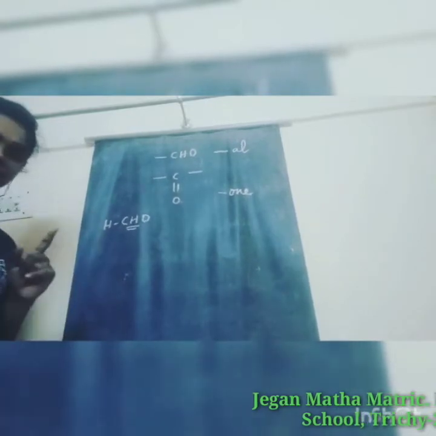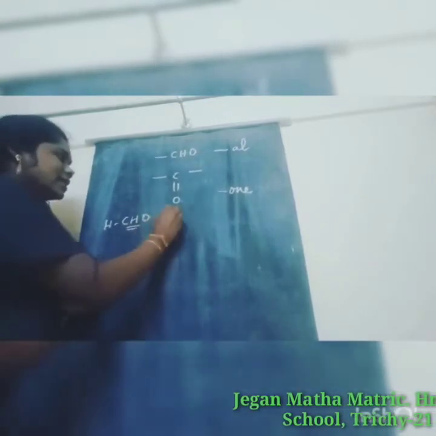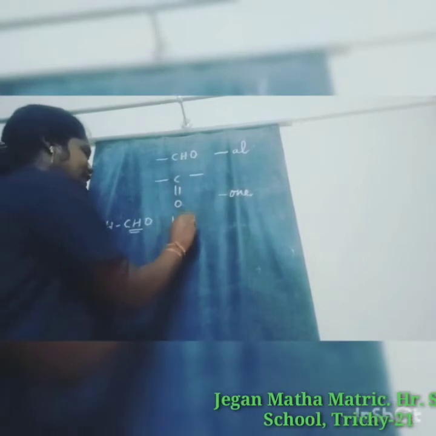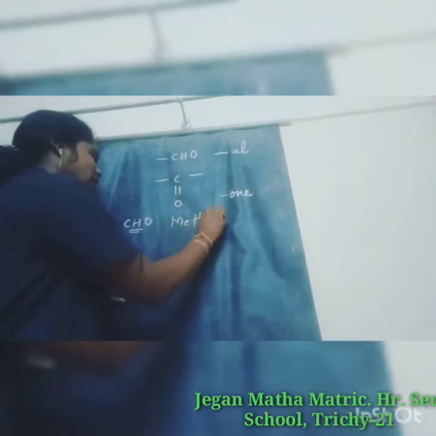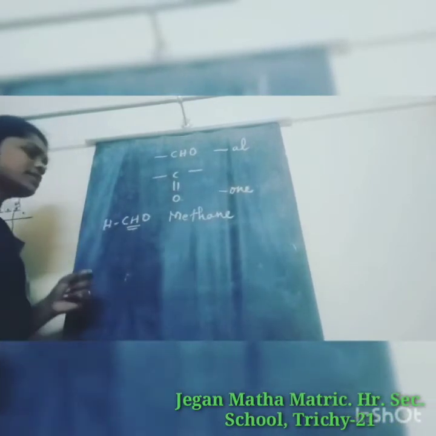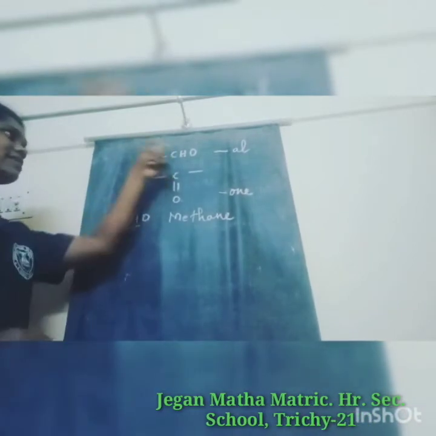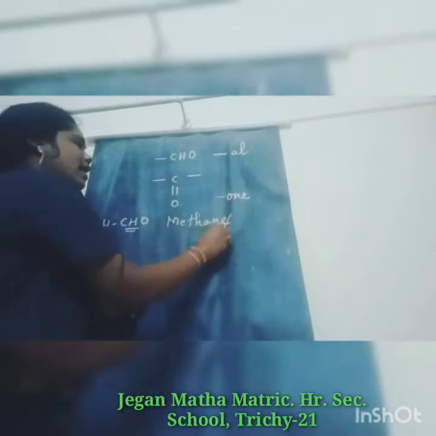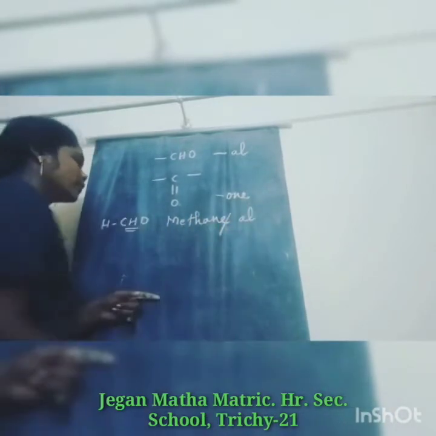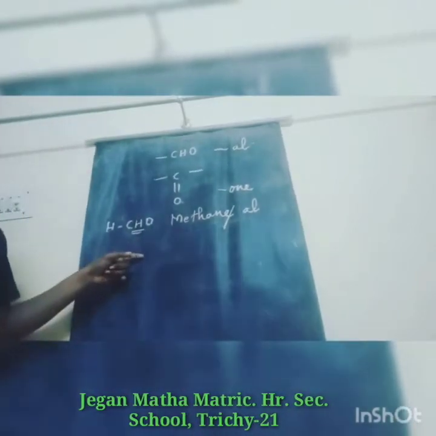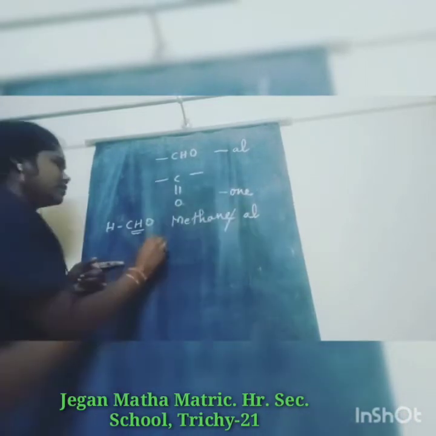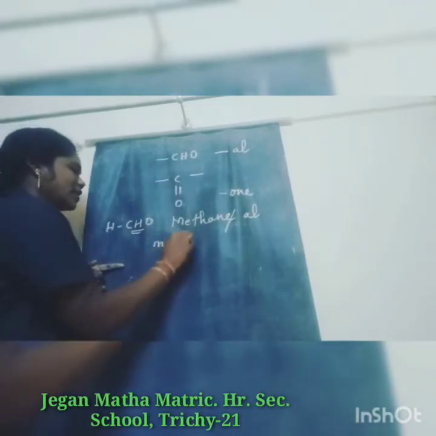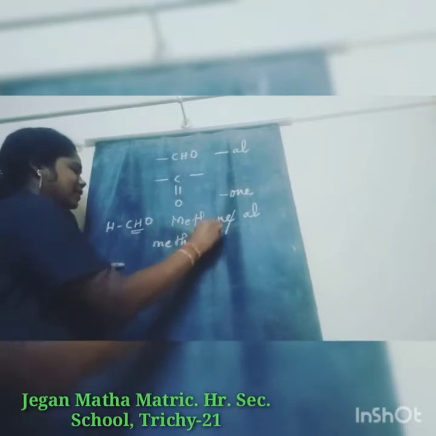Only one carbon is present here, so we write methane. Only single bonds are present, methane. Here the aldehyde suffix is -al, so we remove e and add al. So this compound's IUPAC name is methanal.